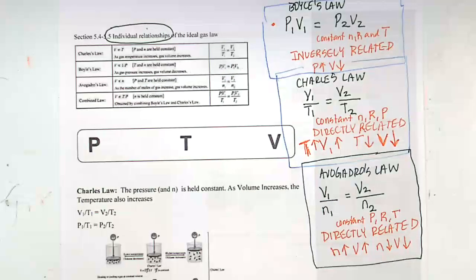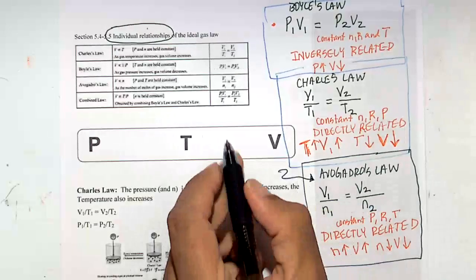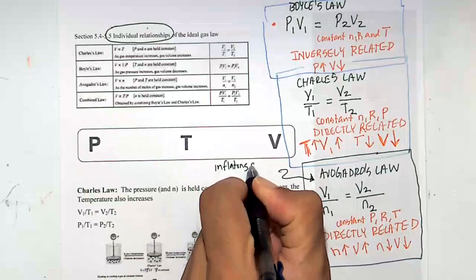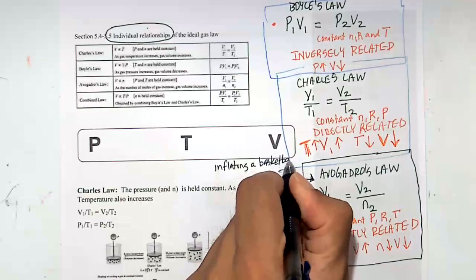What is an example of Avogadro's law? Inflating a balloon, pumping a bike tire, or inflating a basketball. All of these are examples of Avogadro's law.